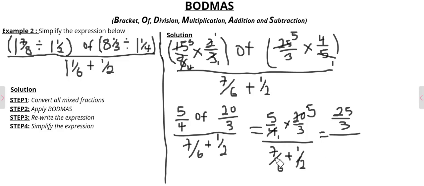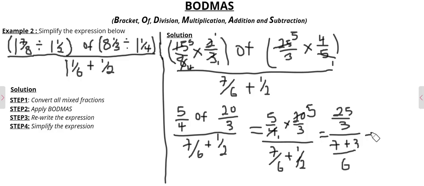Now let's take care of this bottom part. Now look at what we have here. We have 7 all over 6 plus 1 all over 2. So we have to look for the LCM. The LCM of 6 and 2 is 6, and 6 divided by 6 is 1. 1 times 7 is going to give us 7, plus 6 divided by 2 is going to give us 3. 3 times 1 is going to give us 3 all over 6.